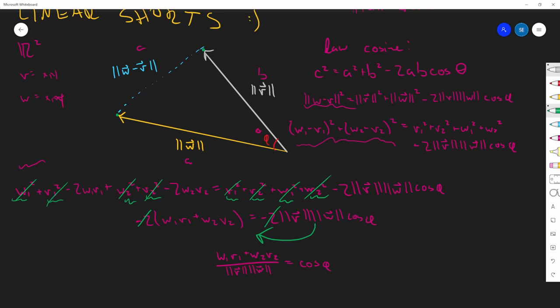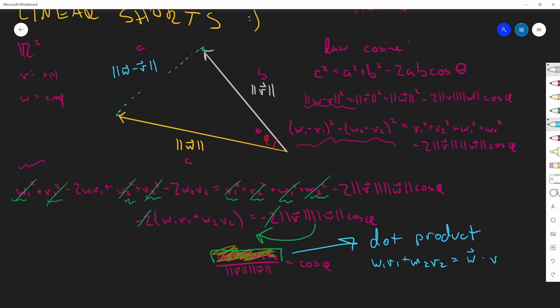And so this part right here, the numerator, that is our dot product. So we can simplify that to w1v1 plus w2v2, or w dot v.